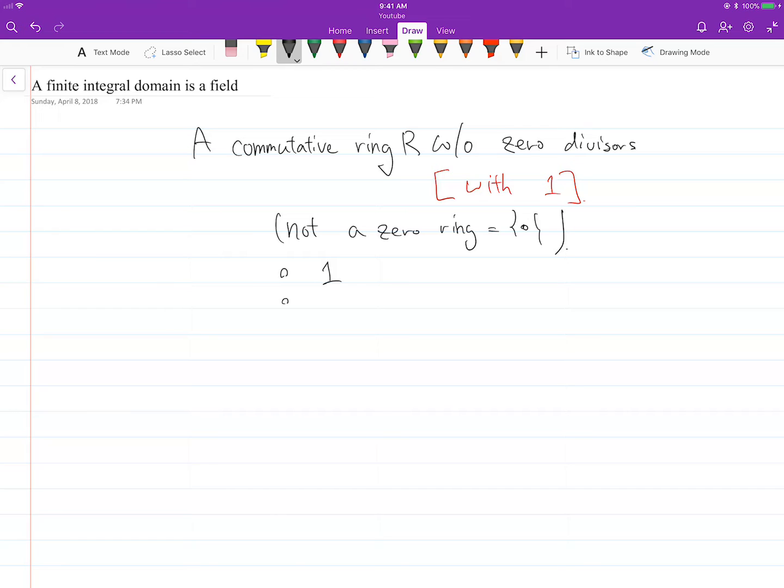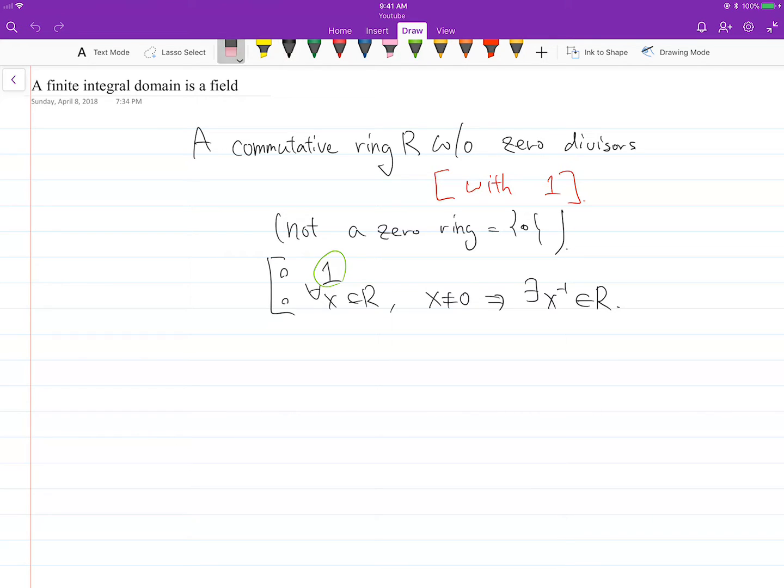And second, for all x in R, if x is non-zero, there exists an inverse of x under multiplication in R. So we want to show these two. If your professor includes 1 in the definition, you can skip the first part of the video.